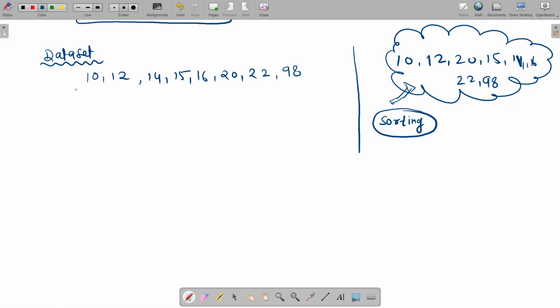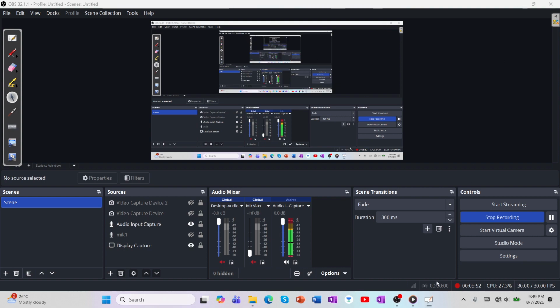Then in the second step, we count our observations, which means we count our data points. Here we count 1, 2, 3, 4, 5, 6, 7, 8.